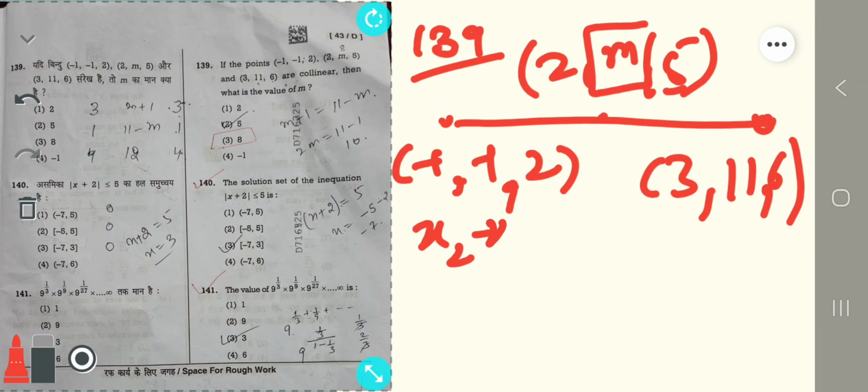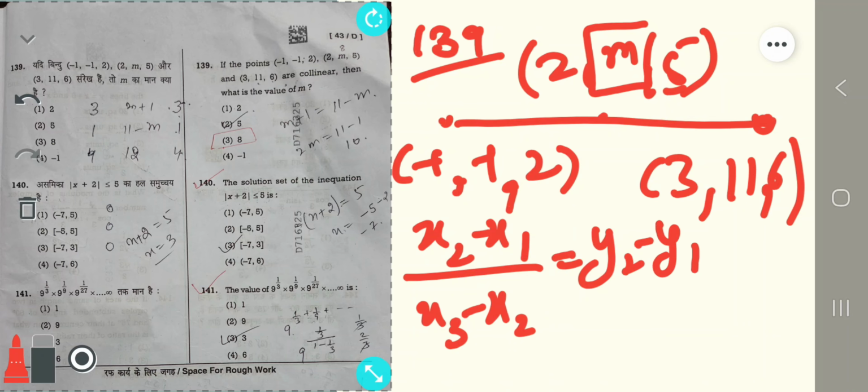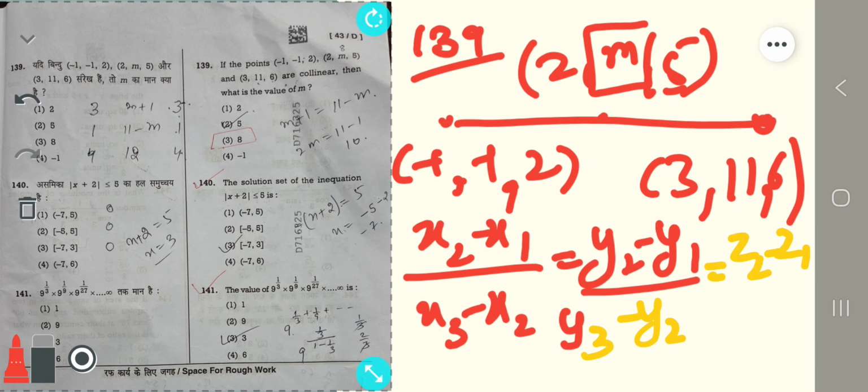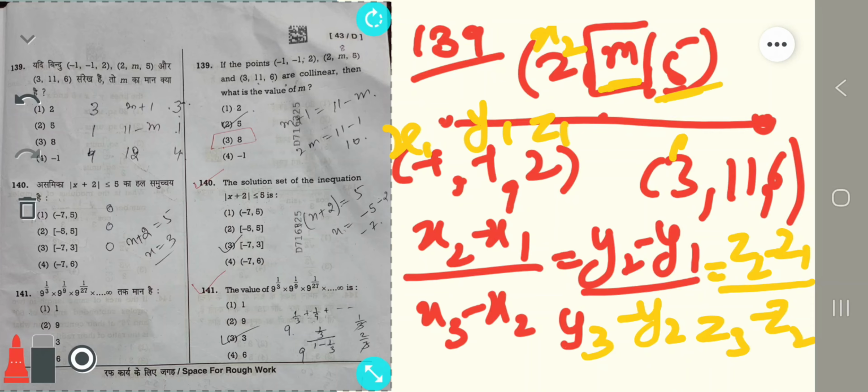(x2 minus x1) by (x3 minus x2) equals (y2 minus y1) by (y3 minus y2) equals (z2 minus z1) by (z3 minus z2). Here this is x1 y1 z1, and this is x2 y2 z2, and this is x3 y3 z3, right?